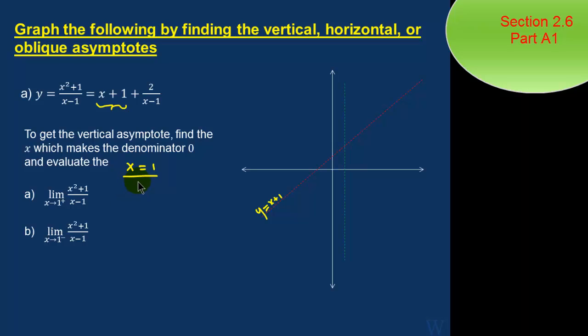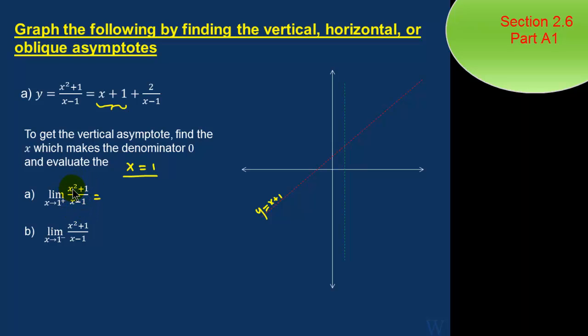And then we try to evaluate the limit of the rational function as x approaches 1 from the right and from the left. Let's examine this. What do we mean by x minus 1 and x is coming from the right? That means I will plug in numbers close to 1 from the right, say 1.1, 1.01, etc. What happens is this number will approach 0, but they are all positive numbers, getting closer to 0.